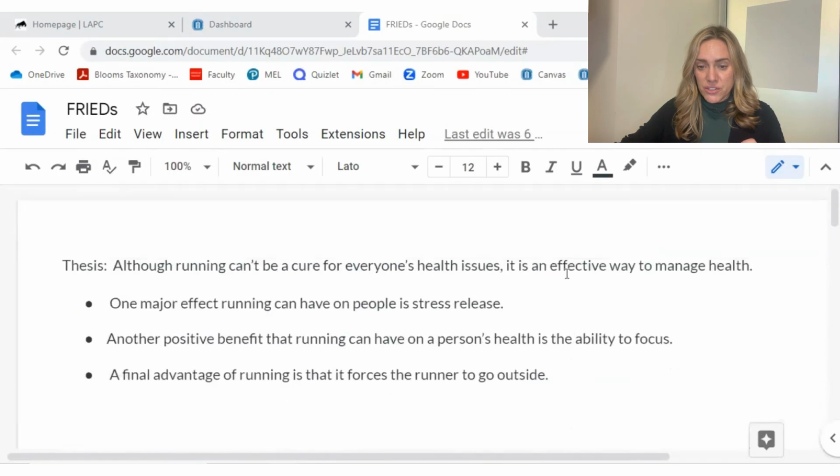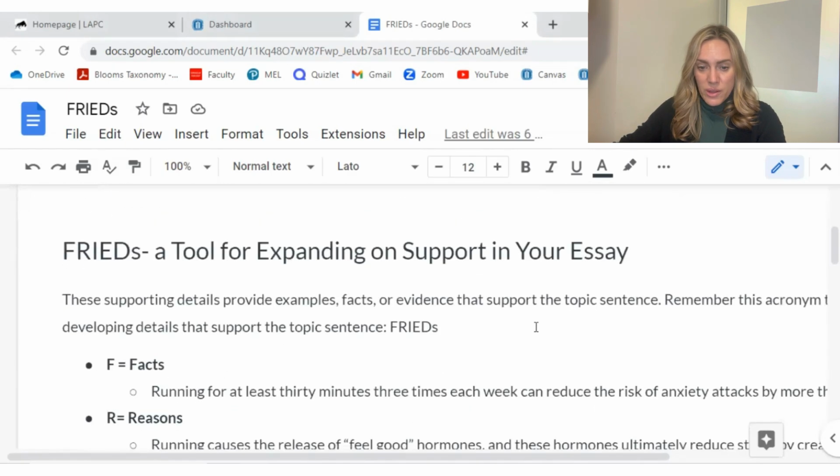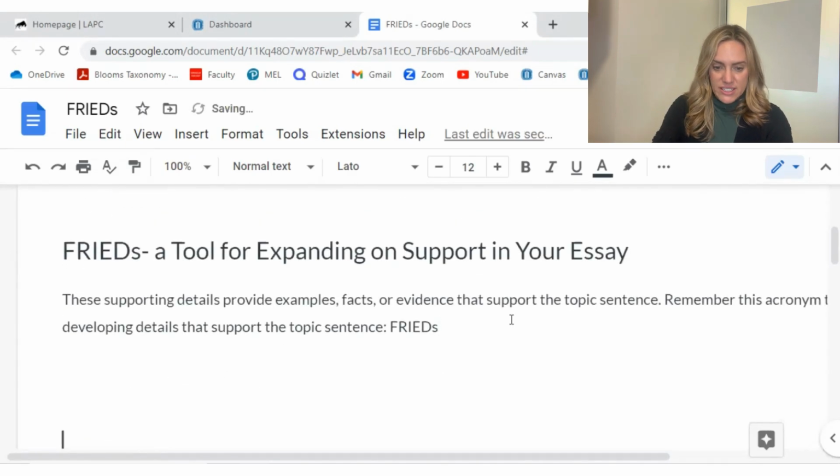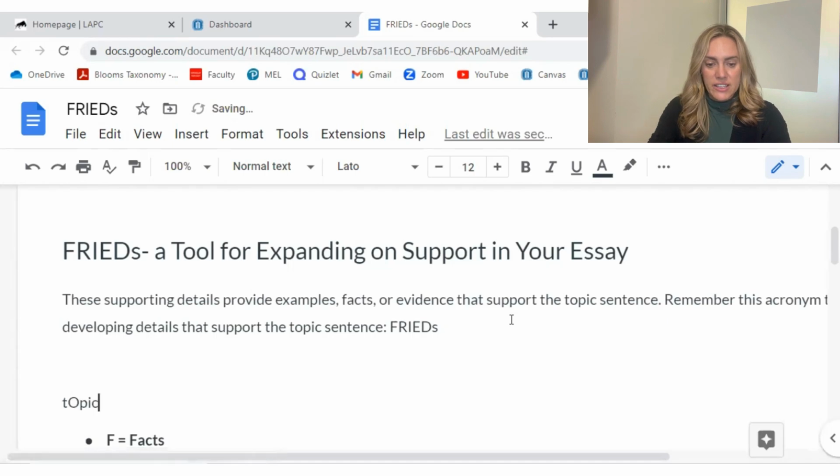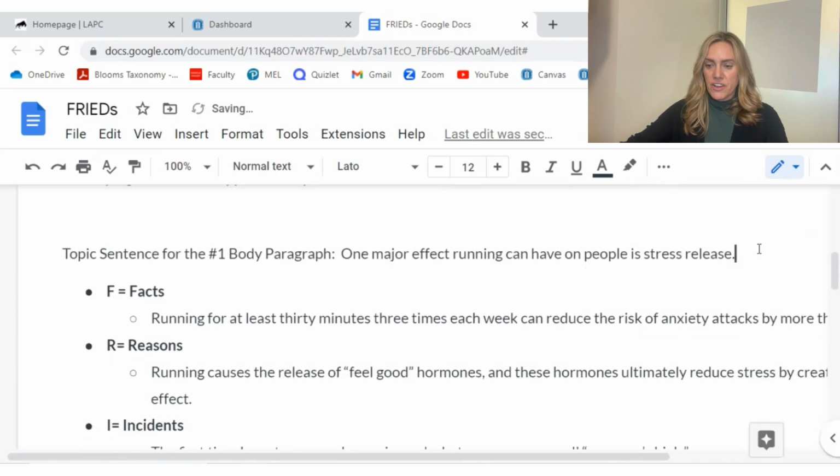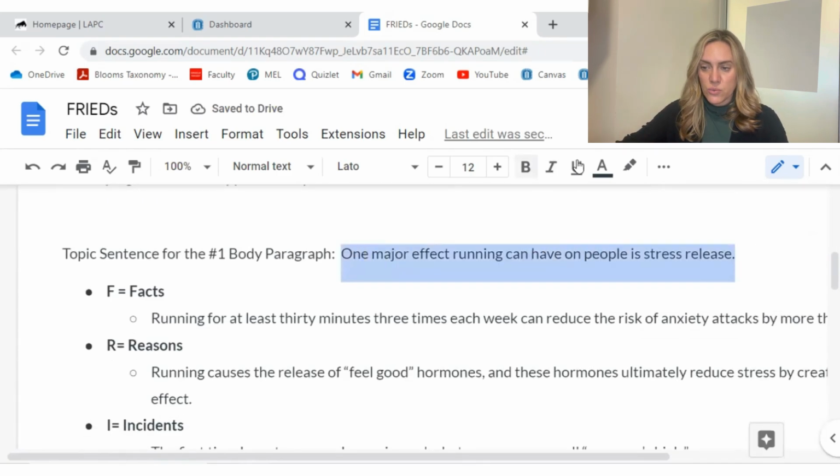What we're going to do is take this sentence, which will now become a topic sentence, the topic sentence for the first body paragraph. Okay, so here it is. One major effect running can have on people is stress release.